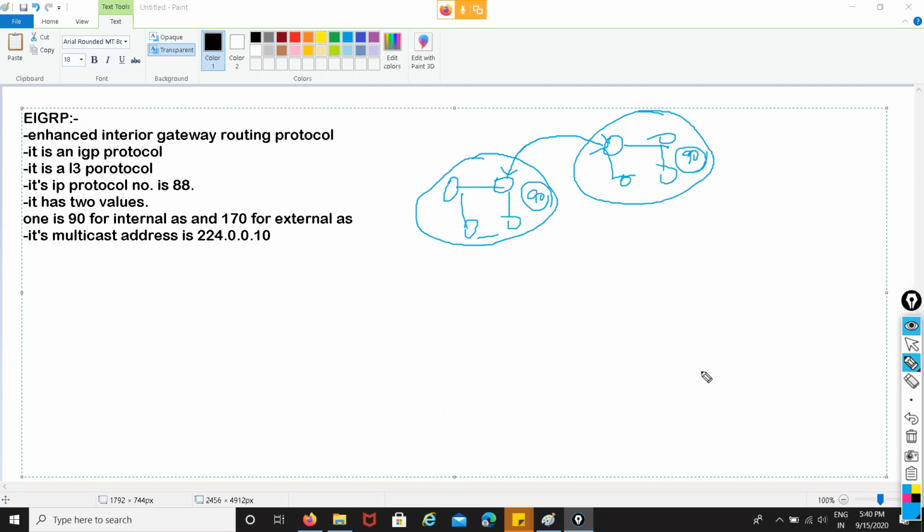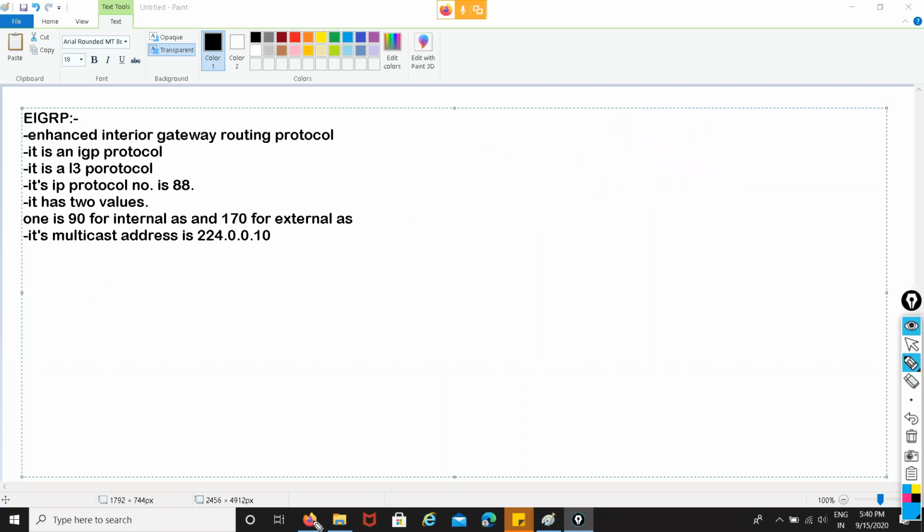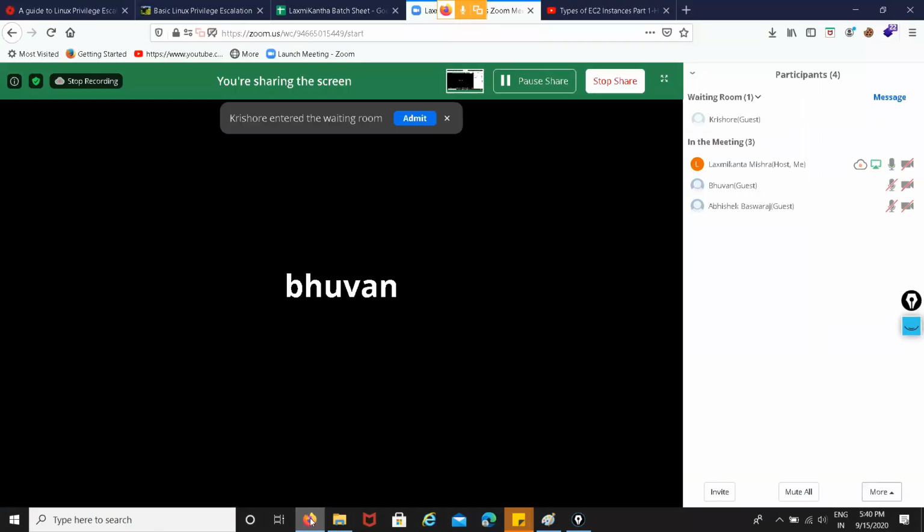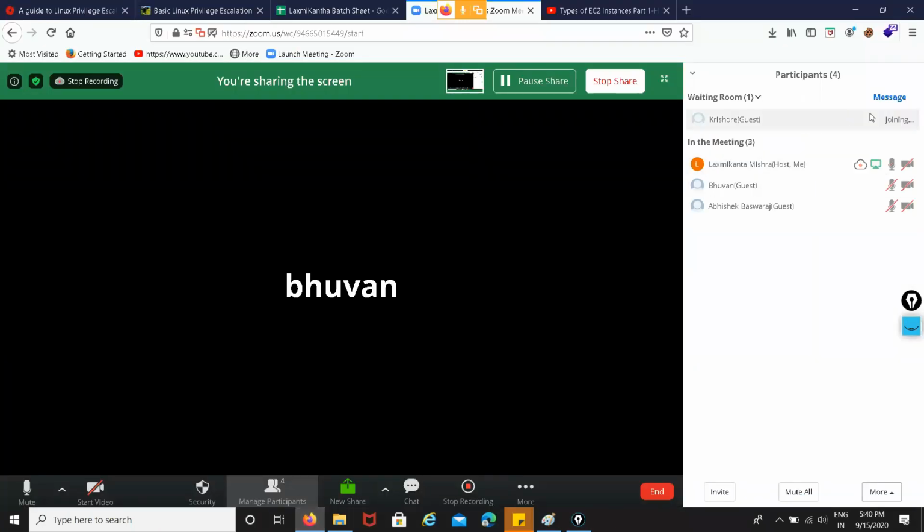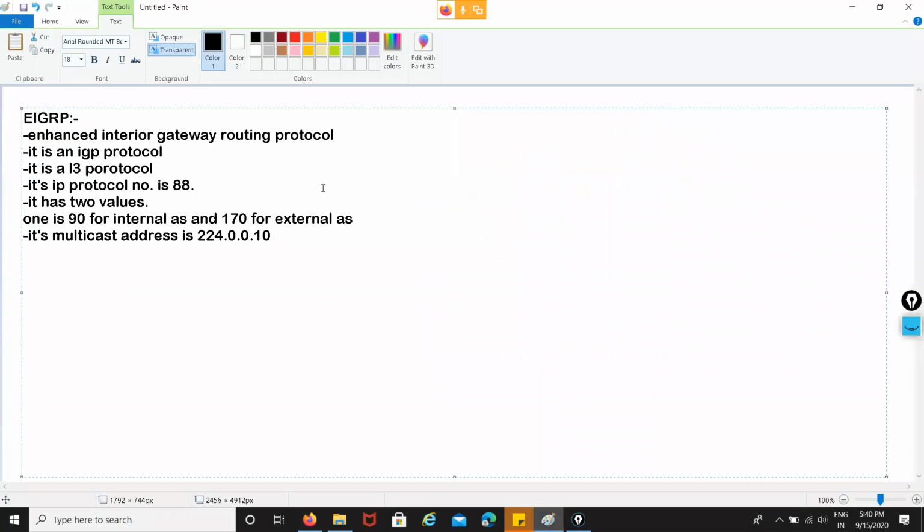Apart from that, you can see it has two timers. One is hello, which is 5 seconds, and the second one is the hold time, which is 15 seconds.